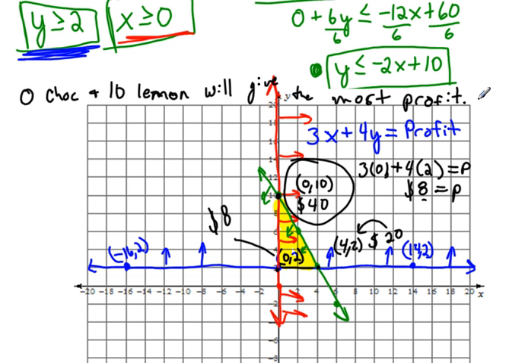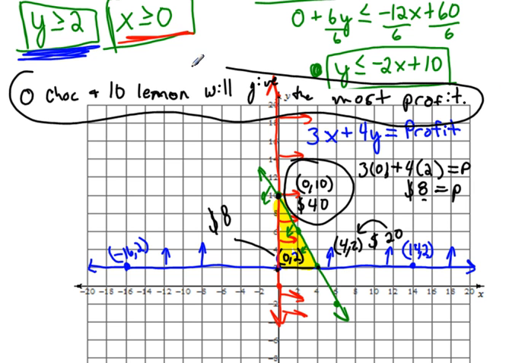Okay, so there's your answer. 0 chocolate and 10 lemon will give you the most profit, and that's under the circumstances of that problem. All right, hope that helps.